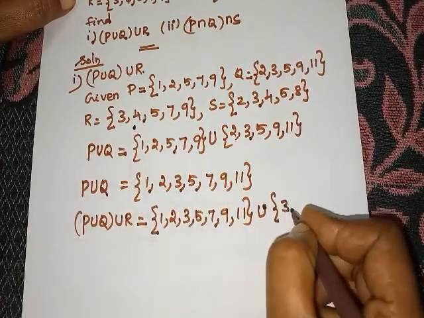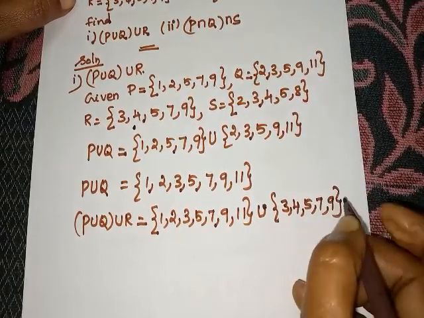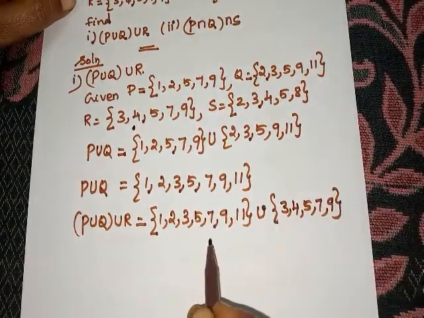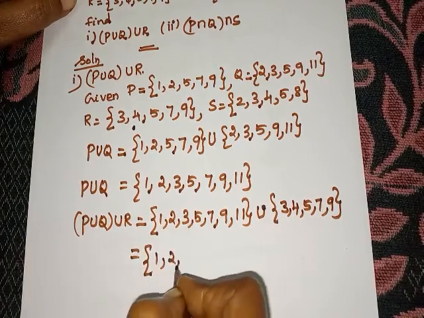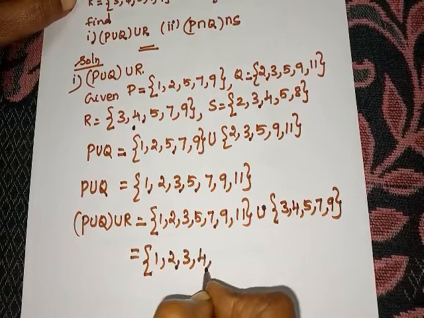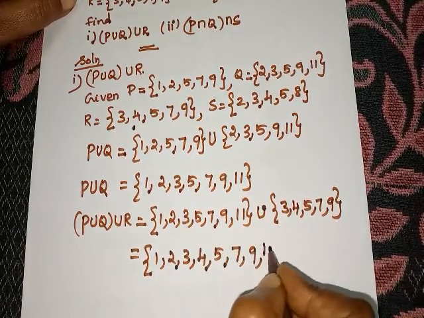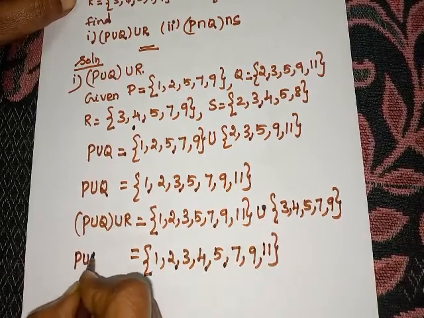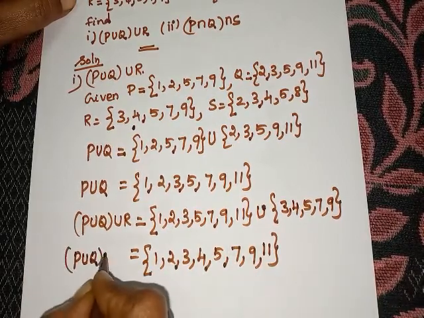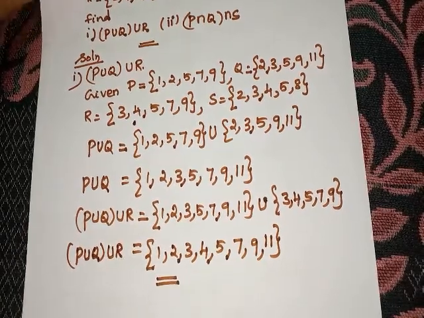Now we have to join both sets, which is equal to {1, 2, 3, 4, 5, 7, 9, 11}. That is P union Q union R. The first subdivision is over. Similarly, the second subdivision.